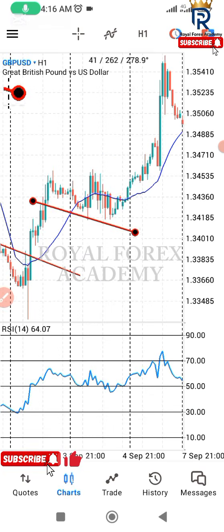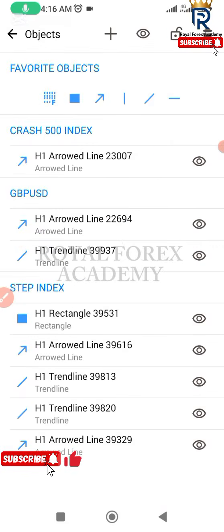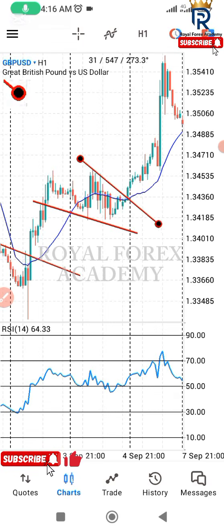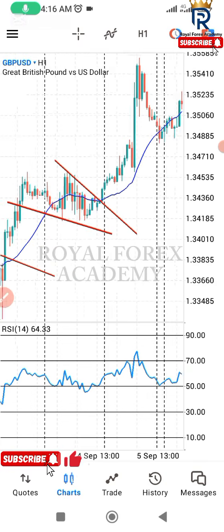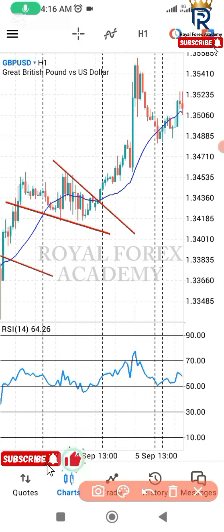Let me show you something. Look at our RSI above 50, and then you see this engulfing candle. So this has been your entry. When price approaches 70, you take profit.